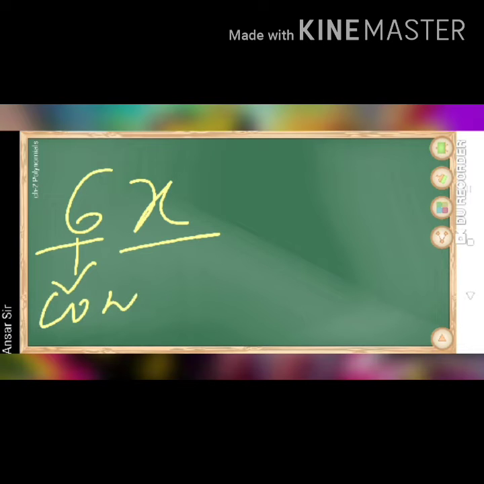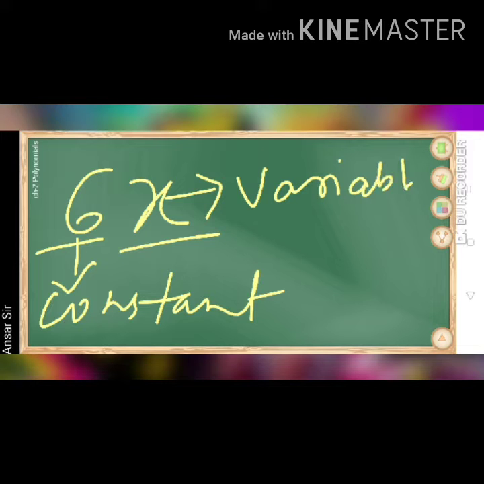Let us discuss with an example. In one variable means only one variable. Here x is a variable and 6 is a constant. So only one variable is present, which is x. So it is a polynomial in one variable.